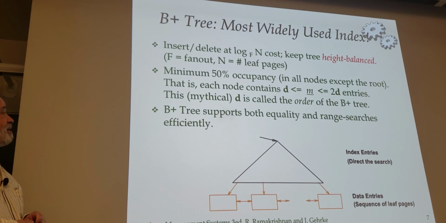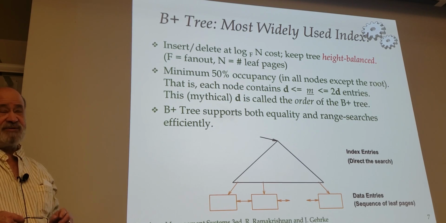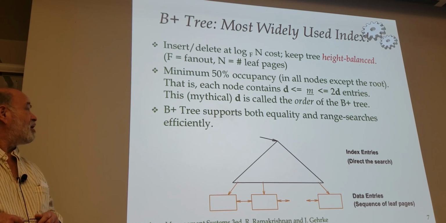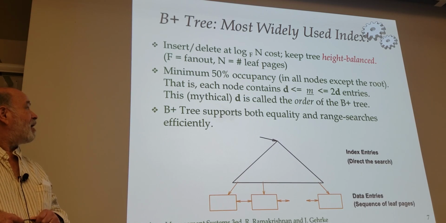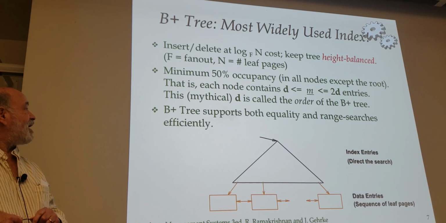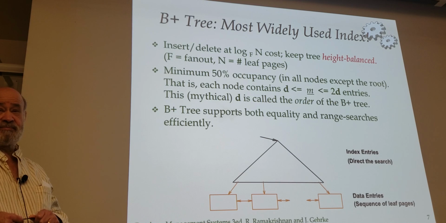So basically, there is a term that I will almost never be using in this class. This term sometimes gets used, called the order of the B tree, which basically says the number m of things that I put into a node is going to be between D and 2D.